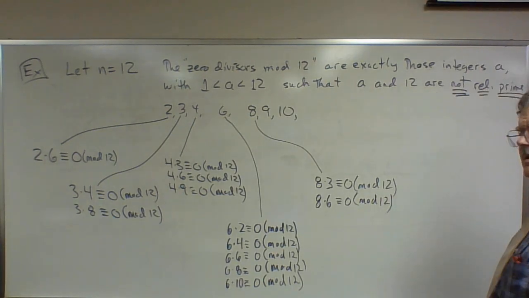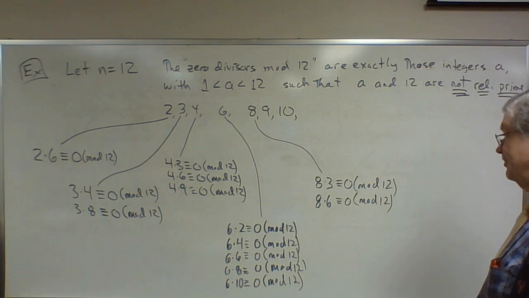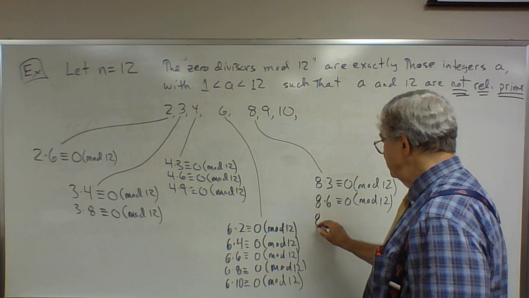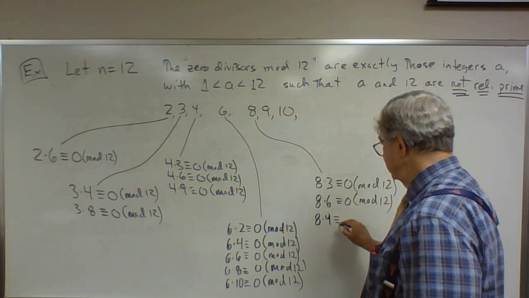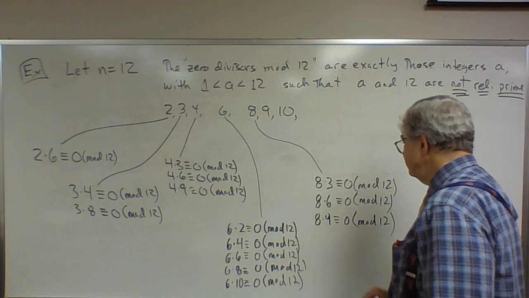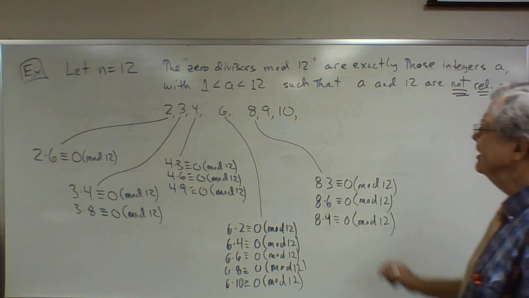And what about 8 times 9? What is that, 72? Which is 6 times 12, which is 0. So 8 times 9 is congruent to 0 mod 12. Look at all of these zero divisor pairs we're coming up with.